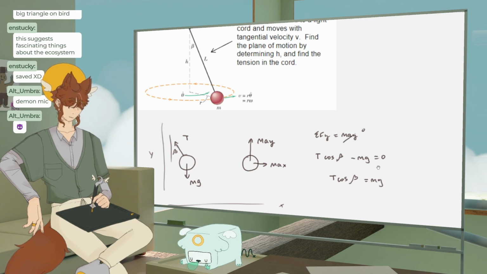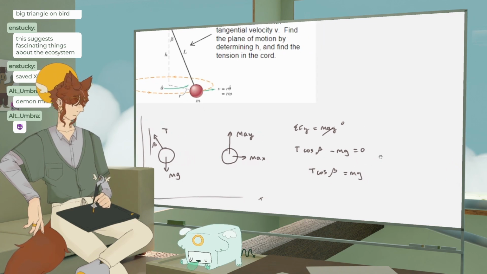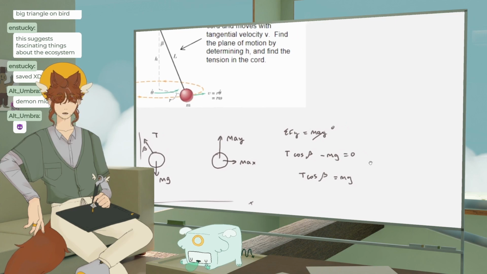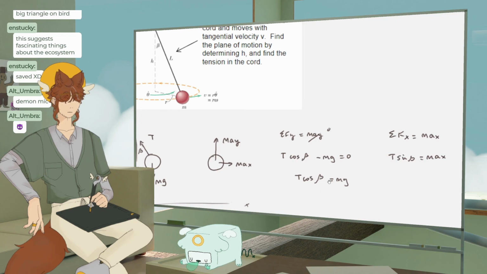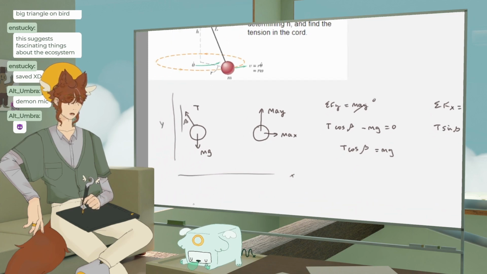This is a weird little problem, but it's kind of great. It's not too bad. So T sine beta equals MAX. And so we need to find AX and AY, or I guess we need to find AX.